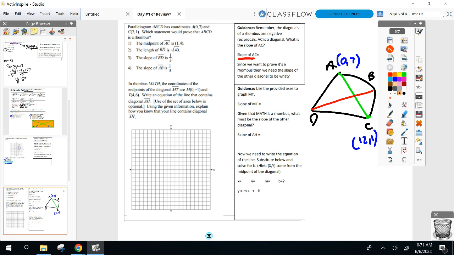Slope formula should be in there. I believe it's right on the first page. You don't have to go far. You got your distance, midpoint, and slope all in one spot. Everyone see the slope formula? Changing y over changing x: y2 minus y1 over x2 minus x1.